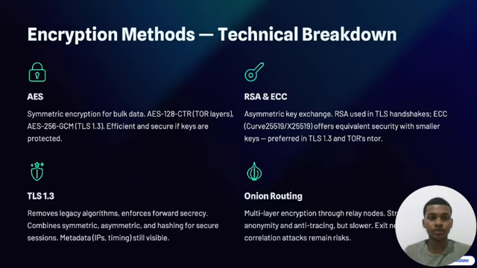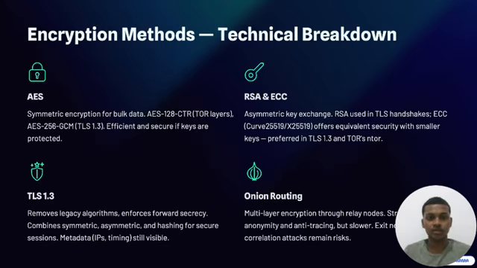Encryption methods. Several important cryptographic technologies were identified during this research. AES is used for efficient symmetric encryption of data. RSA and elliptic curve cryptography are used for key exchange and authentication.